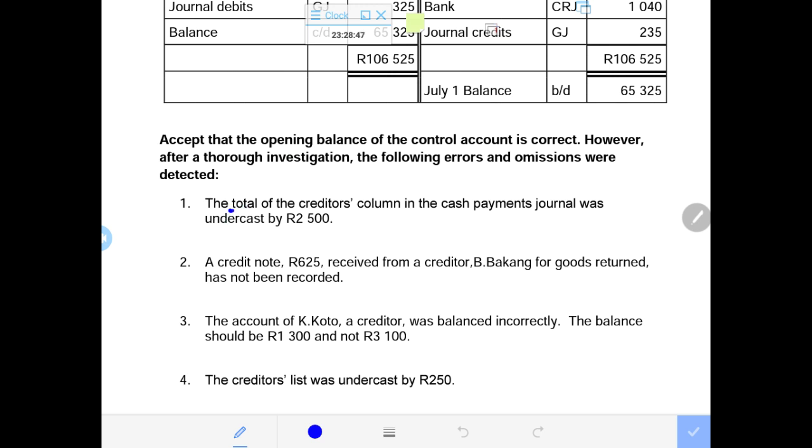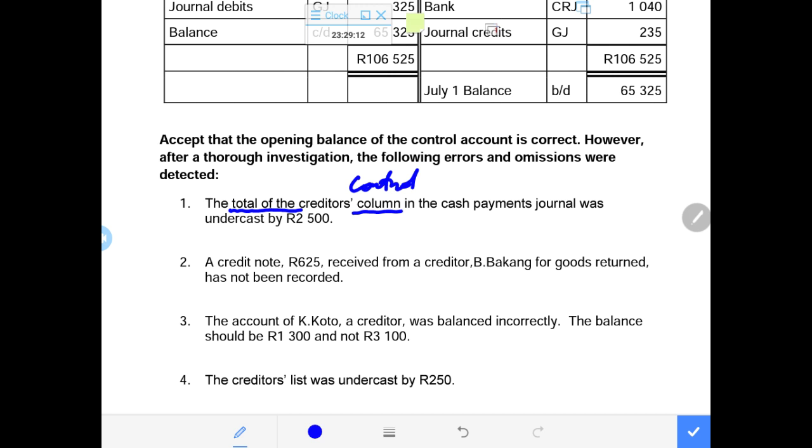It says the total of the creditors control column. The minute there's a column, remember in our creditors journal, there's a creditors control column. So if they speak of a column, that means they are referring to the creditors control.